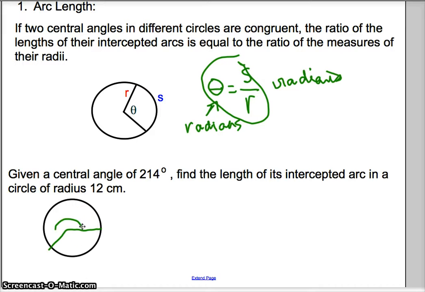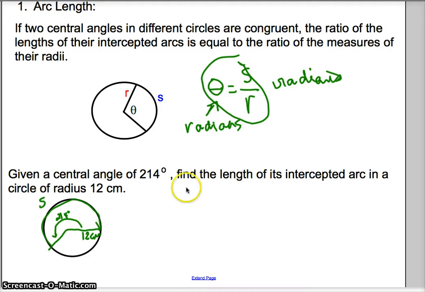So this angle is 214, and it represents theta. We're also given that the radius is 12 centimeters, and it's asking us to calculate the arc length, which remember is s.